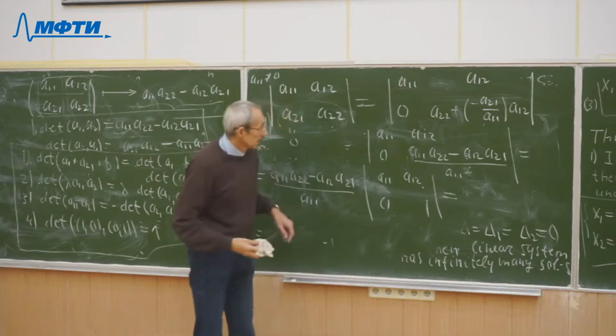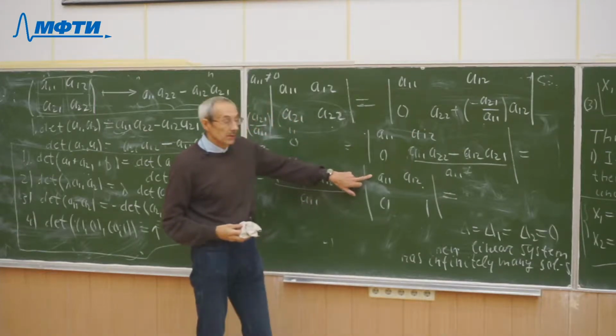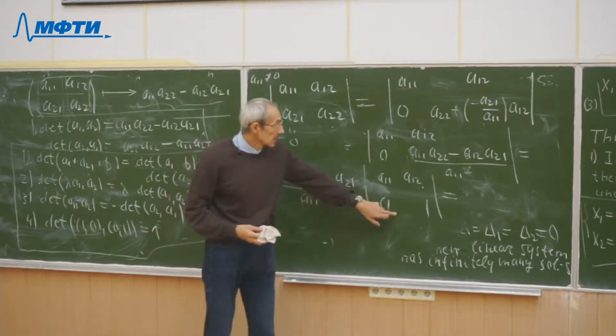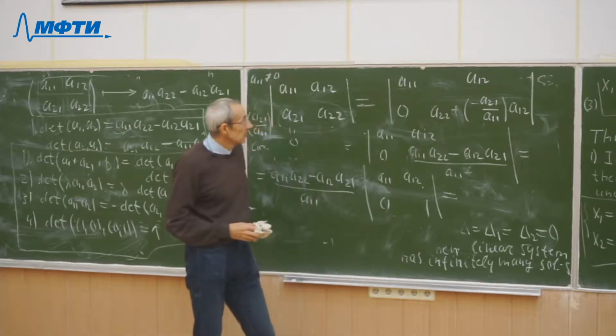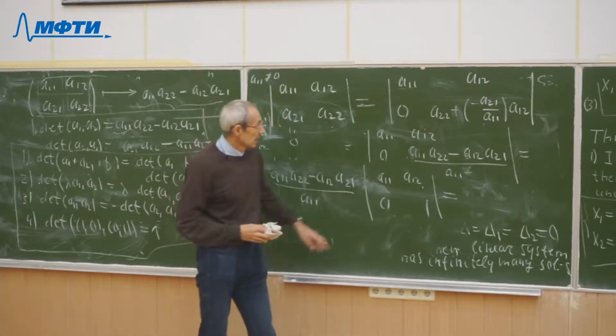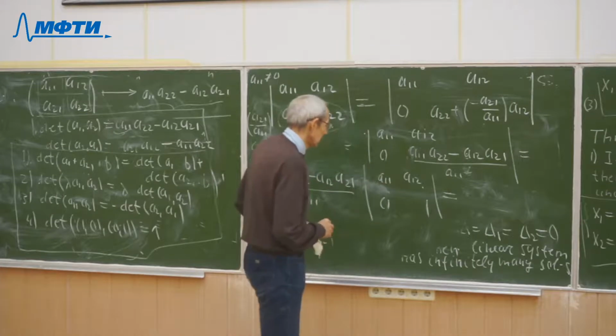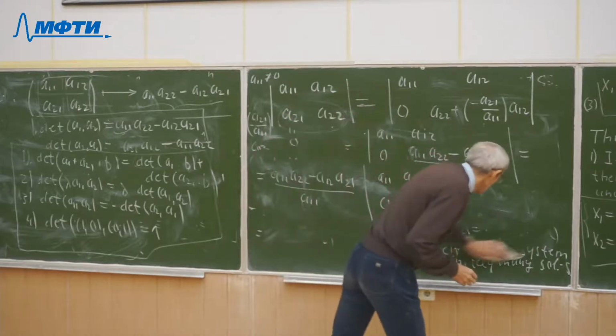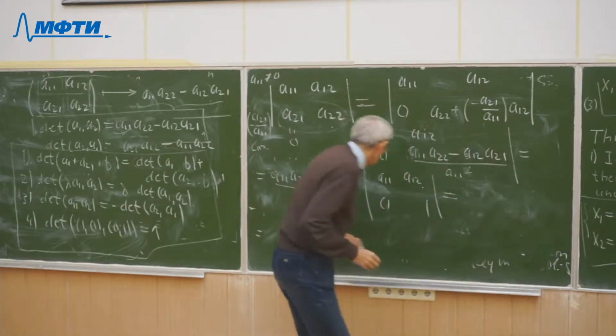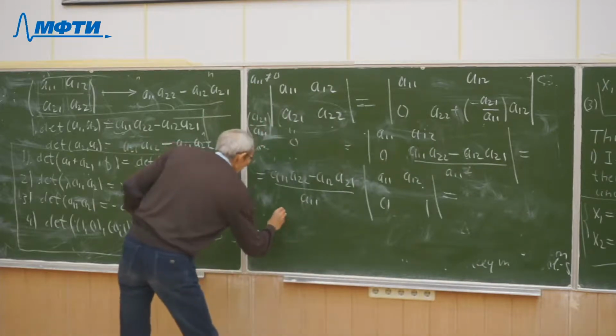I can subtract from the first row the second, multiplied by A12 over the corresponding entry, and I obtain the following expression.